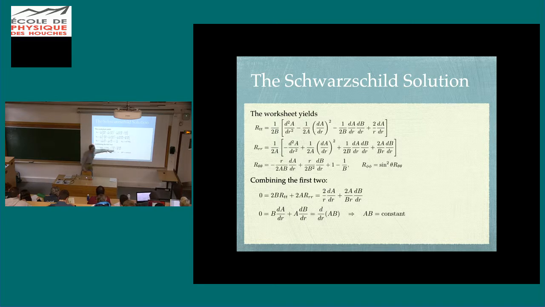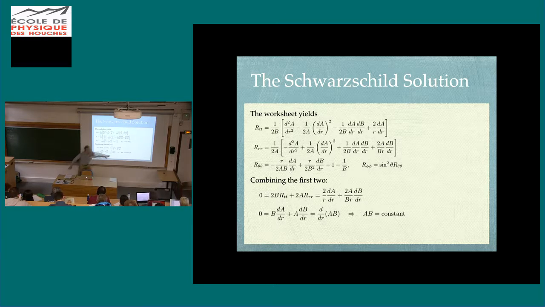And so this contains some useful information, and I can rearrange that equation by multiplying both sides by r, and it looks like I'm multiplying by BA, and then you get an expression like that, and you see that that's the same as the r derivative of that.